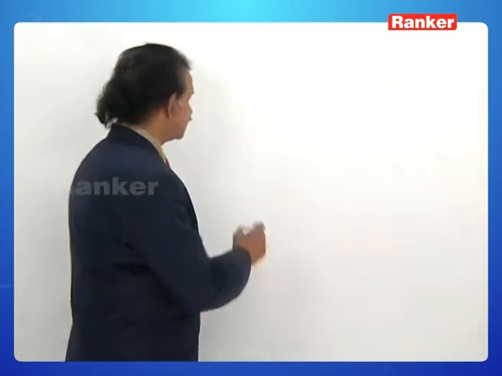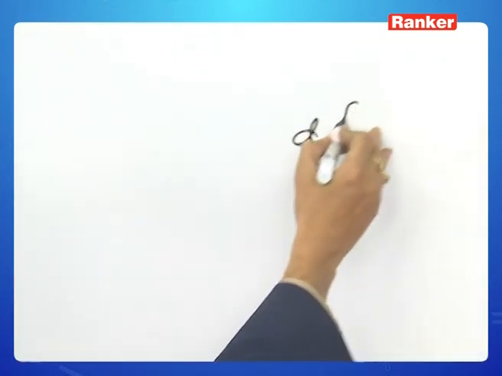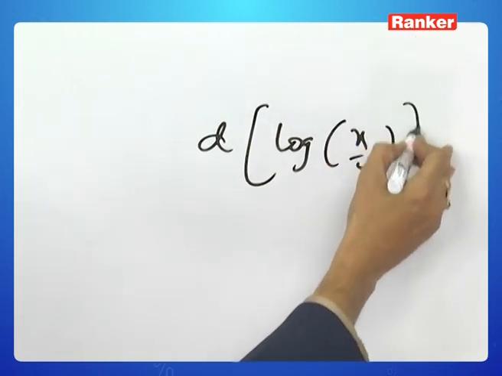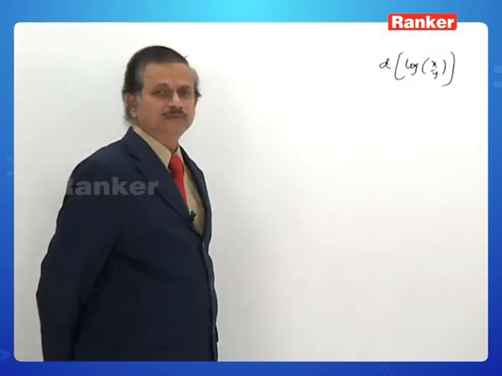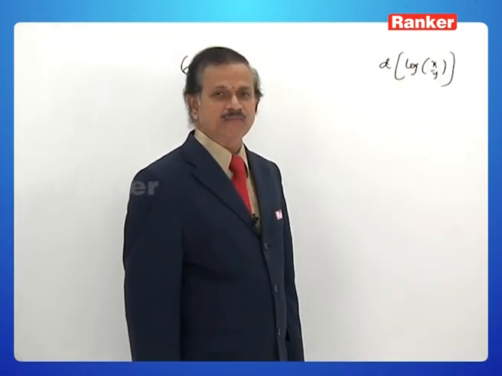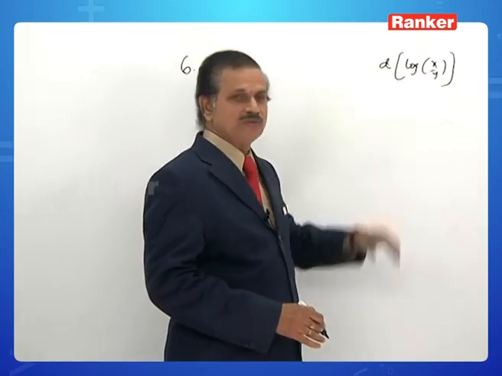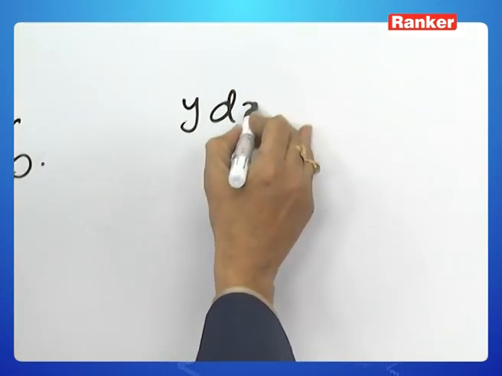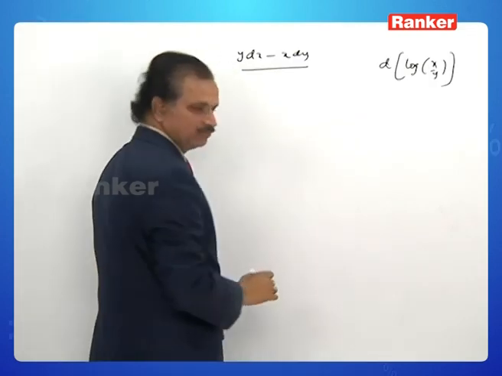The next one is, what is d of log of x by y? Think of it carefully. Treat this as log x, which means 1 by x. 1 by x by y means y by x. y by x into derivative of that. What is derivative of that? y dx minus x dy by y square actually.